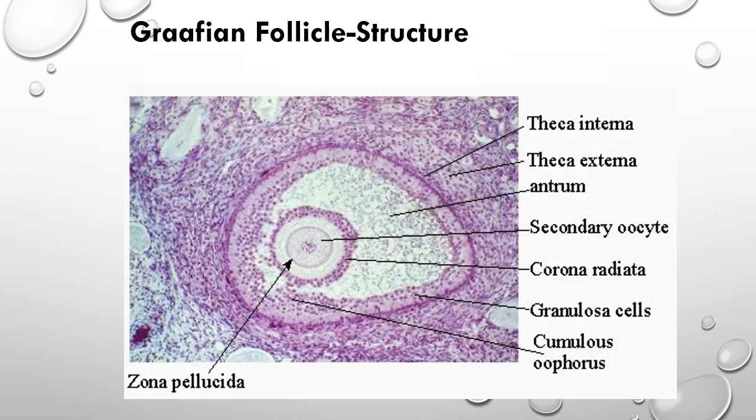This ovum is surrounded by two important layers, namely zona pellucida and corona radiata. As you can see, the entire antrum is surrounded on all sides by granulosa cells, that is membrana granulosa cells. These membrana granulosa cells move inwards on one side of the antrum, and that we call cumulus oophorus. So this is about the ultrastructure of Graafian follicle.